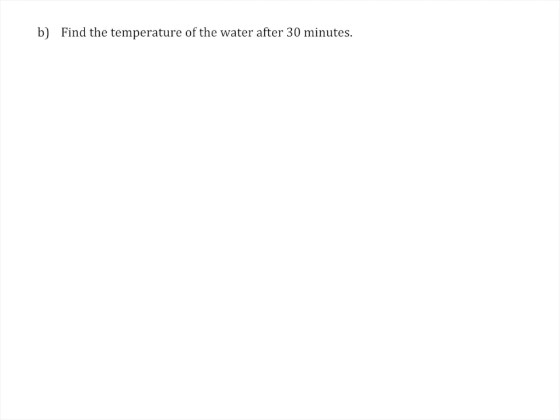Find the temperature of the water after 30 minutes. Well, our formula, quickly write that down again. There's our formula. After 30 minutes, that means let little t equal 30.